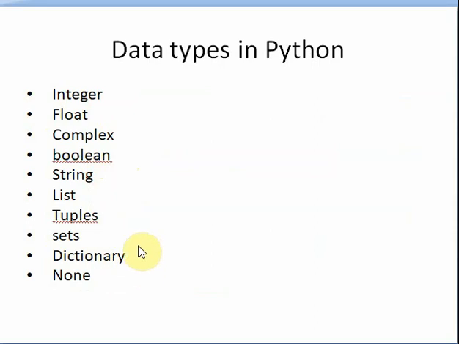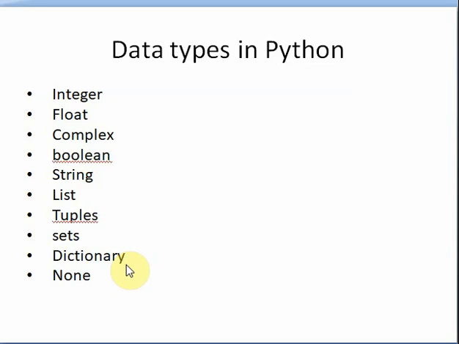So in this, list and dictionary are mutable data types. That means list and dictionary can be changed. You can add more data items in a list or a dictionary, or you can delete data items from list or dictionary.